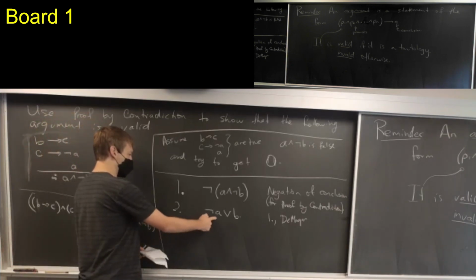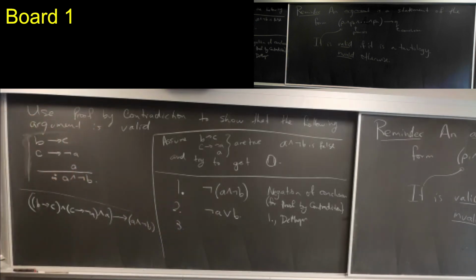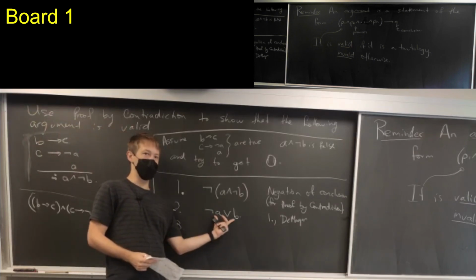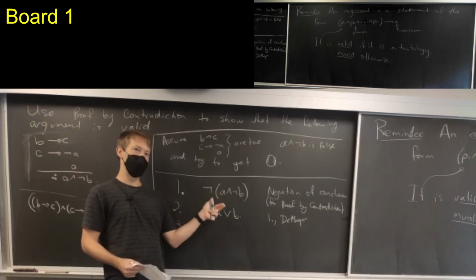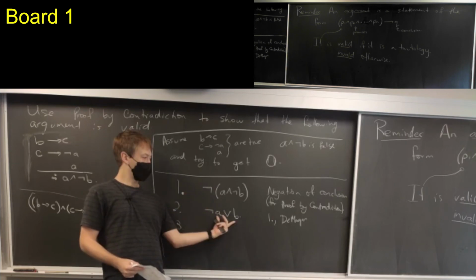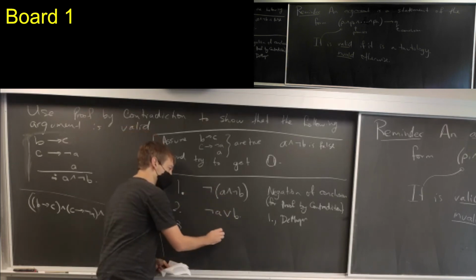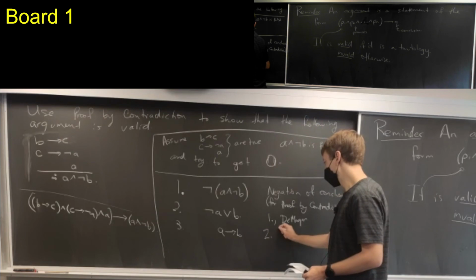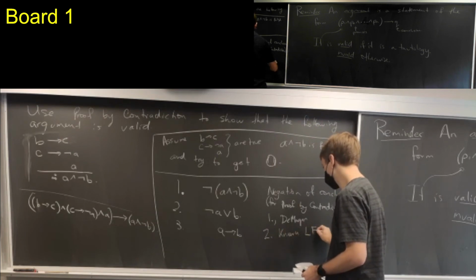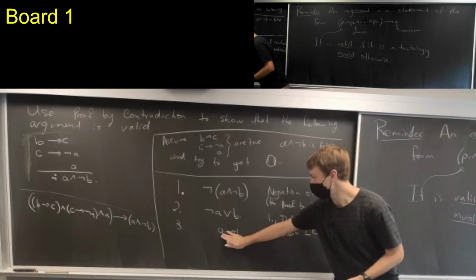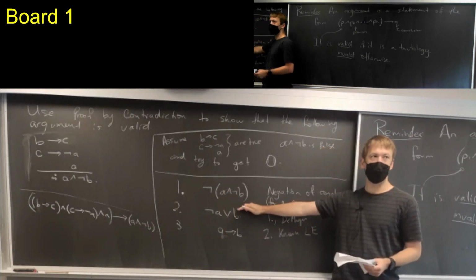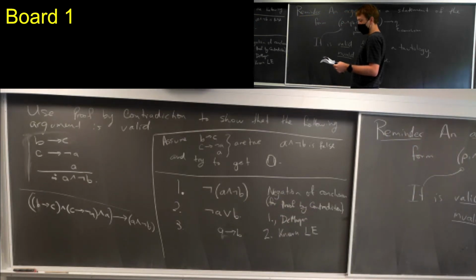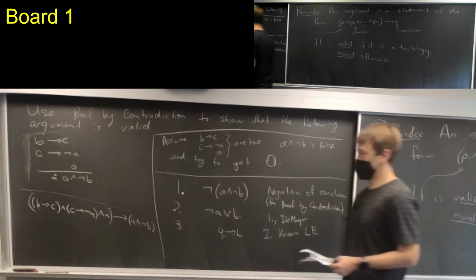So actually what I'm going to do with this is turn it into an implication, because P implies Q is the same as not P or Q. Using that backwards, we can say this is the same as A implies B, by 2 and a known logical equivalence. A implies B is the same as not A or B.